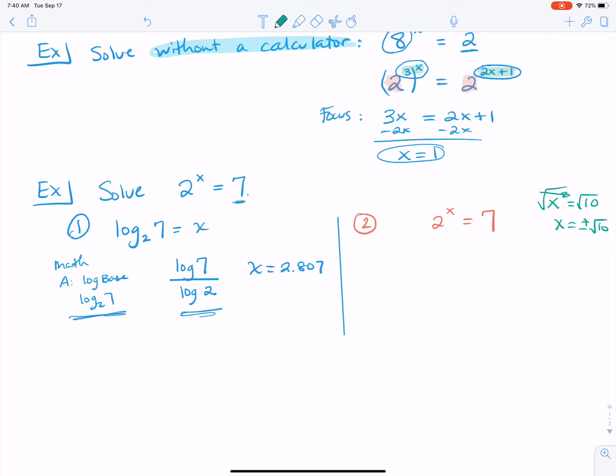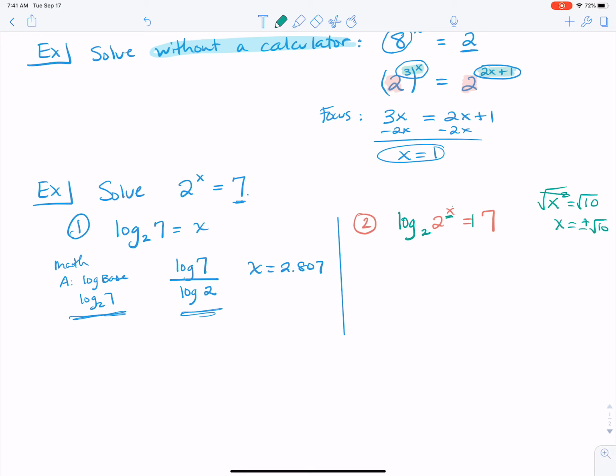So in our lessons, I've been trying to reinforce the fact that logs and exponentials are inverses of each other. So if I want to get rid of x in the exponent, the way that you would do that is you would use the inverse operation of an exponential, which, friends, is a log. All right, so the inverse of having 2 to the x would be to use log base 2.